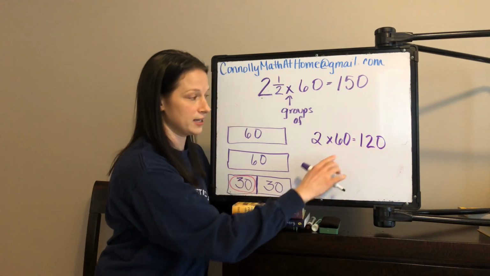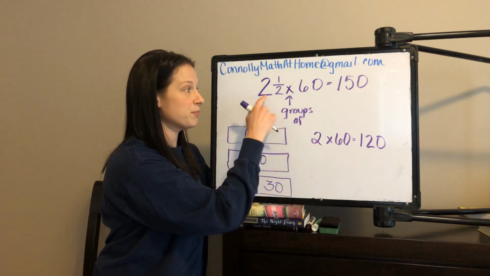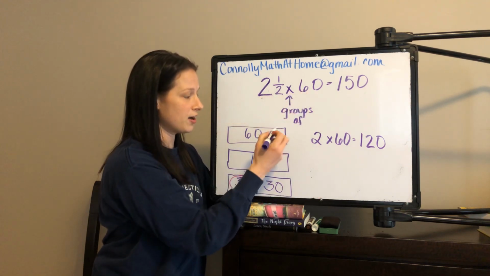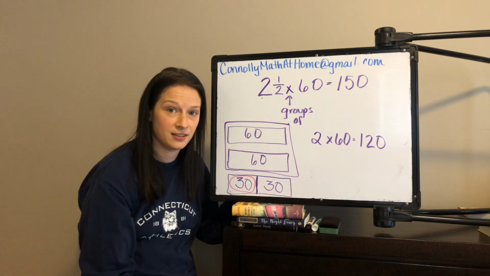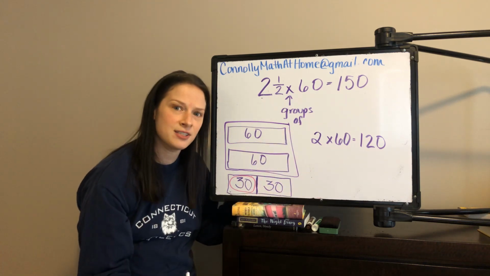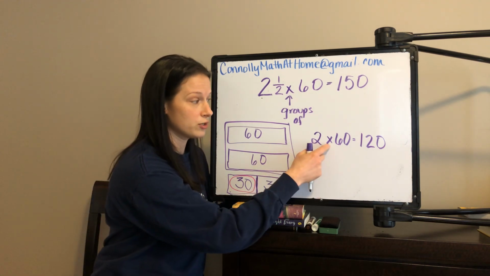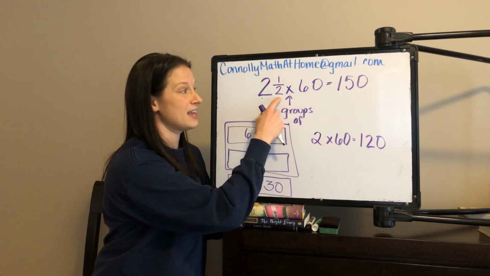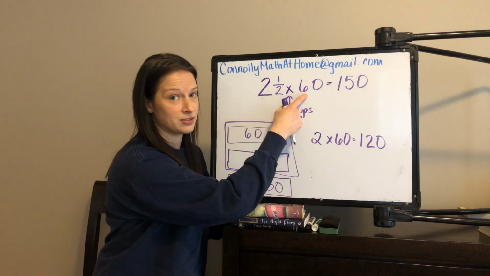And that's 120. You see that I'm keeping 60 whole. Okay? I've multiplied 2 groups of 60 so far. That's this part here. I've taken care of that. Okay? What's left to multiply? Well, after I did 2 groups of 60 kilometers, then I did another round of half of 60 kilometers.